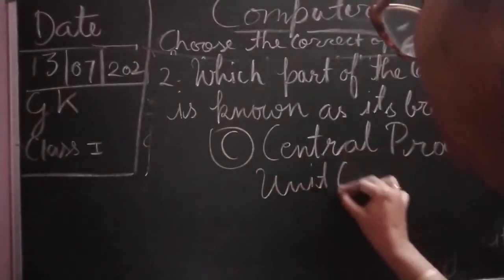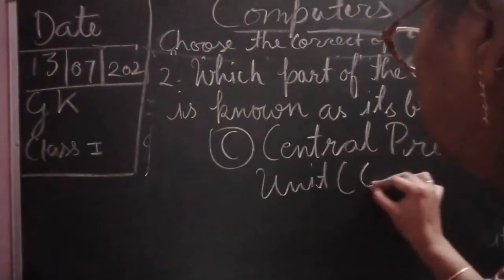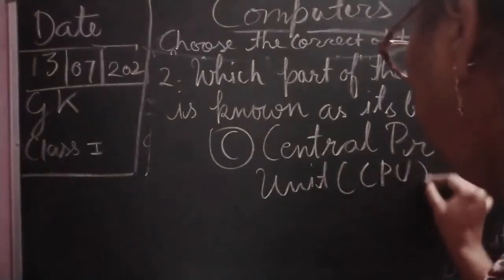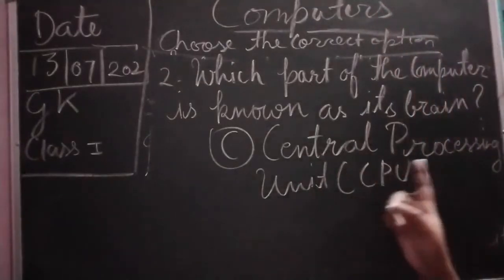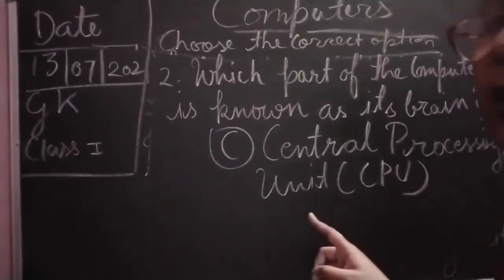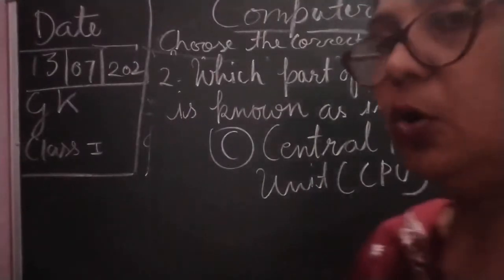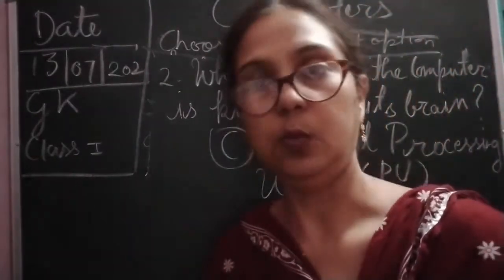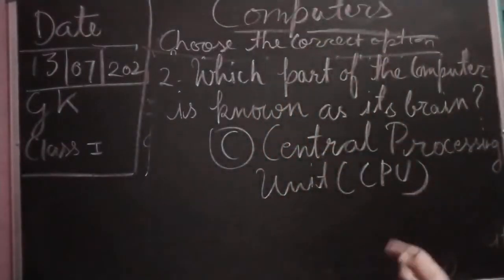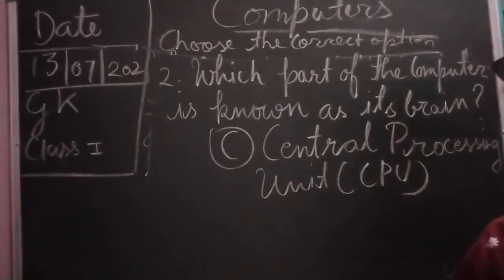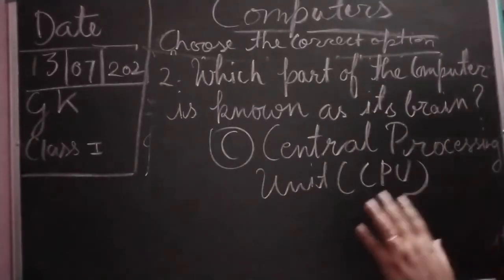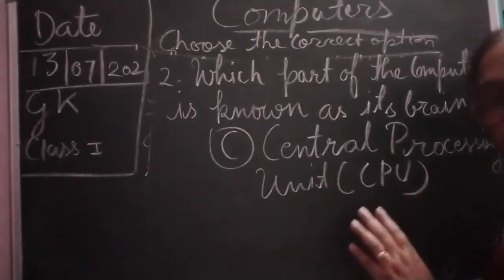In short we can say CPU. So children, complete it. After this completion, we are moving to number 3. Okay children, take a screenshot. Now we are moving to number 3.